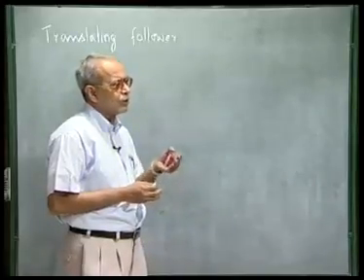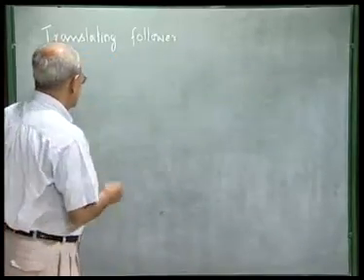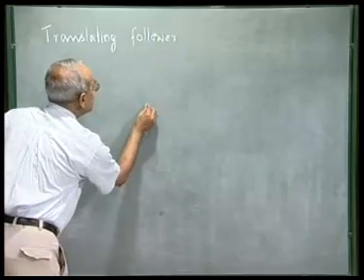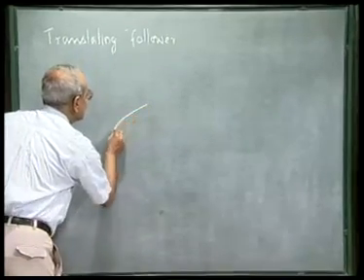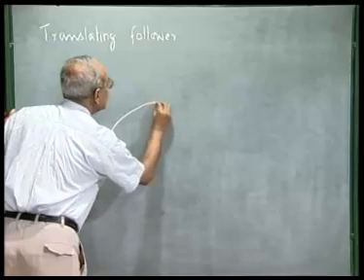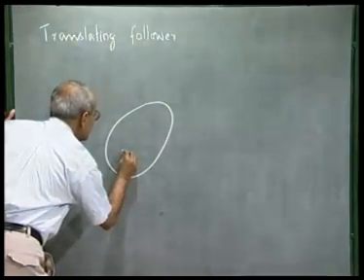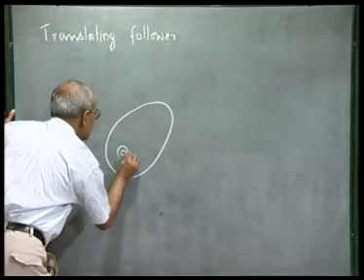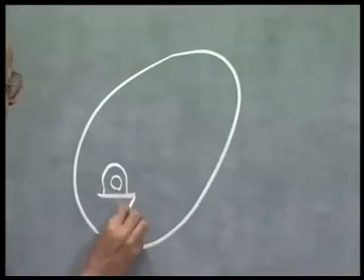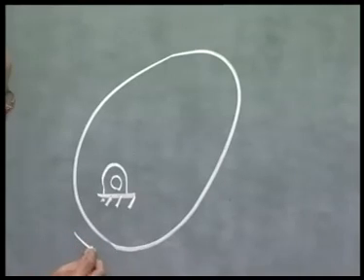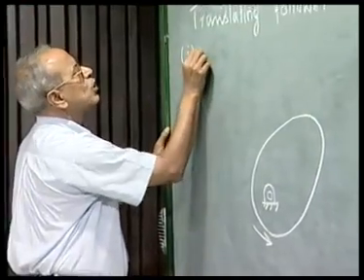However, a simplified static analysis can highlight the basic features, and that is what we are going to start right now. First, we discuss the case of a roller follower.